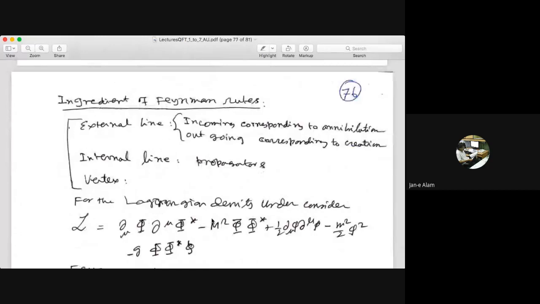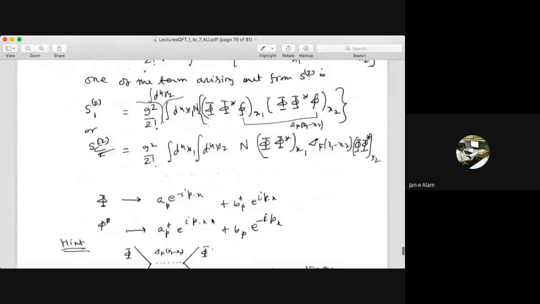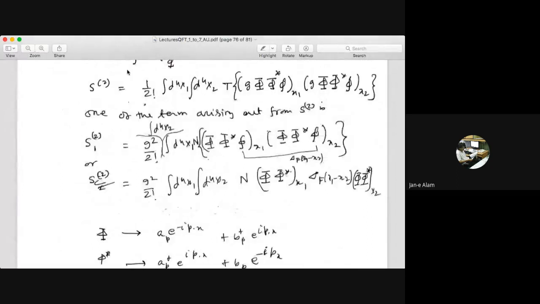Don't worry. So here, when you draw the Feynman diagrams, you don't need to know all this mathematics. You don't need actually.